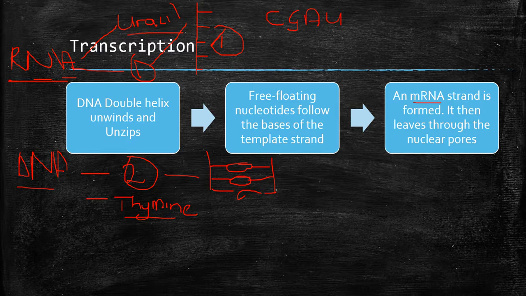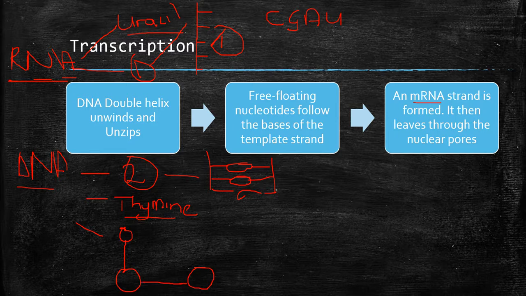So we know that it is double-stranded, it has uracil, and another thing, if you remember the structure of a DNA nucleotide, you have a phosphorus, a deoxyribose sugar, and a nitrogenous base.